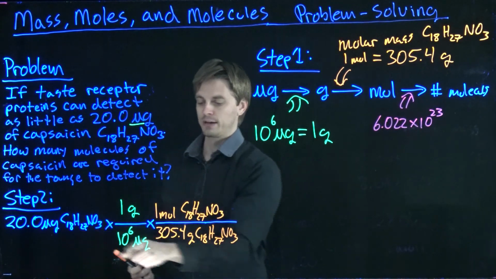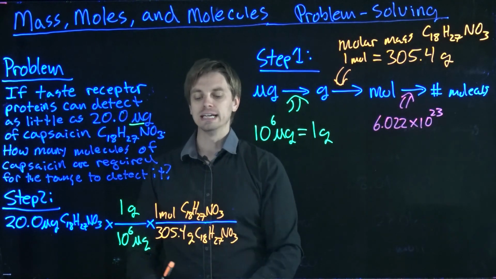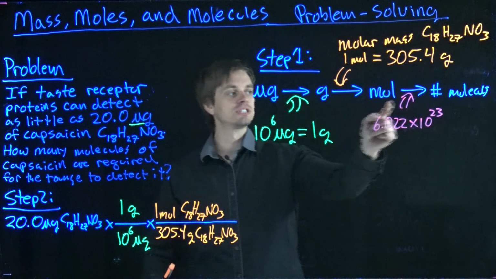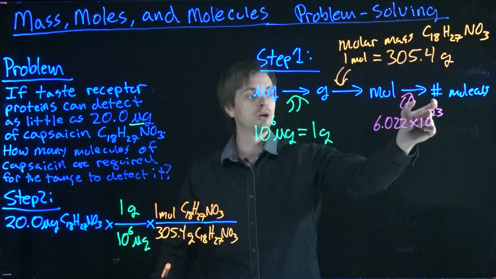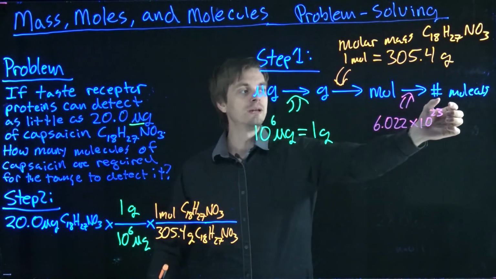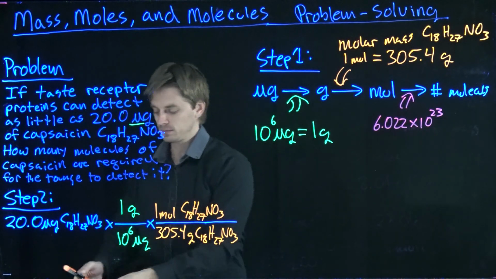Now, micrograms have canceled out. Now grams have canceled out. Now we are currently in moles of capsaicin molecules. Our final step then is to use Avogadro's number as our final conversion to obtain our answer, which will then be in number of individual capsaicin molecules.